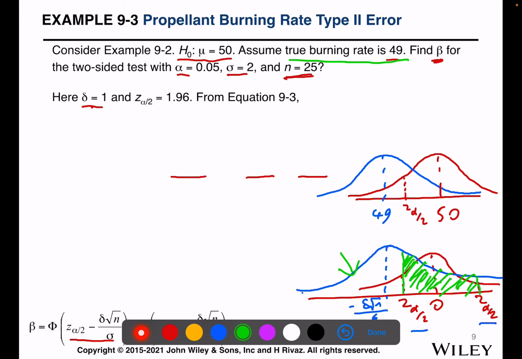Or if you don't like this, you can say that, oh, it's 49, but I like delta to be positive. So what I'm going to do is, again, my incorrect one is 50. And since delta is always positive, I'm going to move the other one to 51 instead of 49.